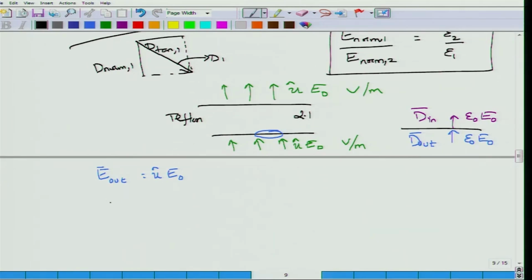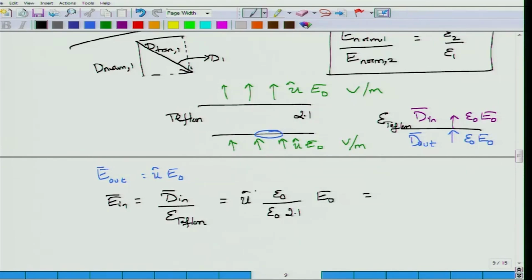So E in will be equal to D in divided by epsilon, and let us call this epsilon Teflon, since this is a Teflon slab. So this would be epsilon Teflon, correct. So what is this? Epsilon Teflon is epsilon 0 into 2.1, correct, times E0, along the upward direction.